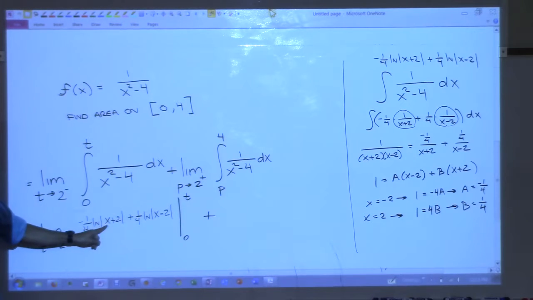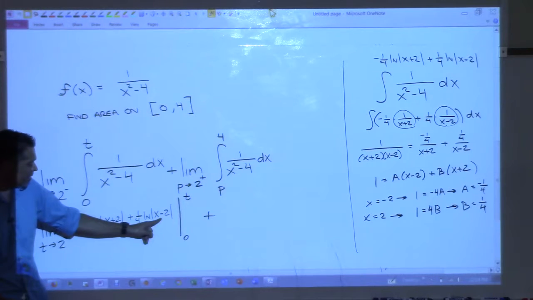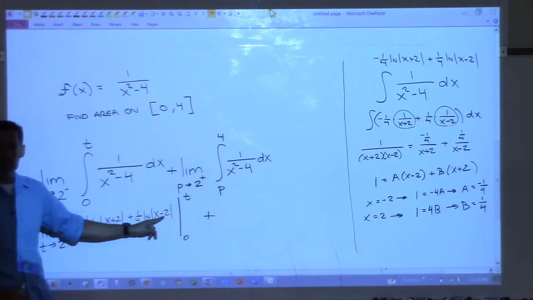But let's say I let t approach 2, regardless of whether it's from the left or the right. What happens right here? I get natural log of 0, which in the limit is negative infinity. It's headed to negative infinity.